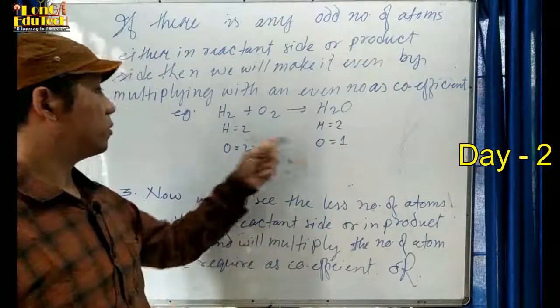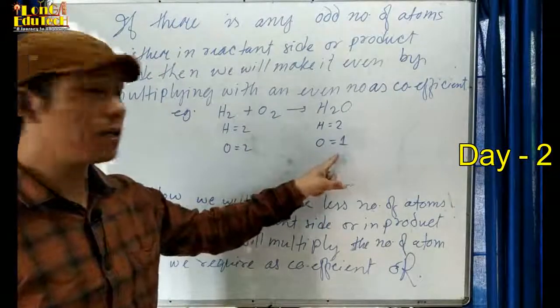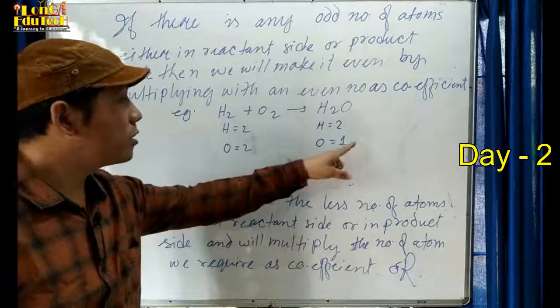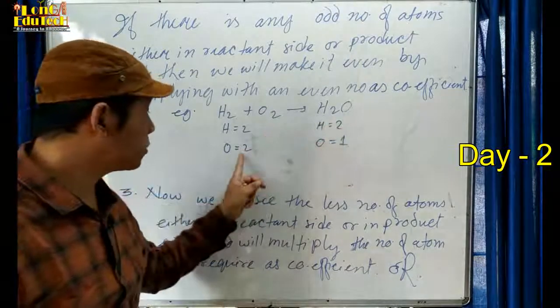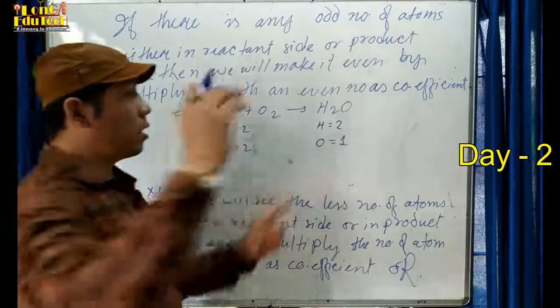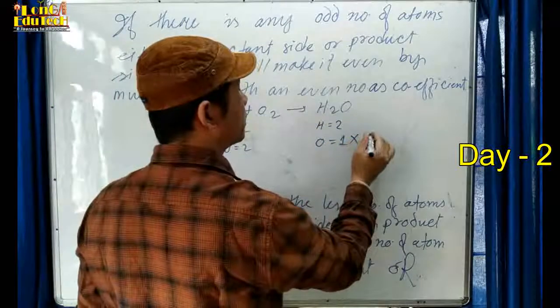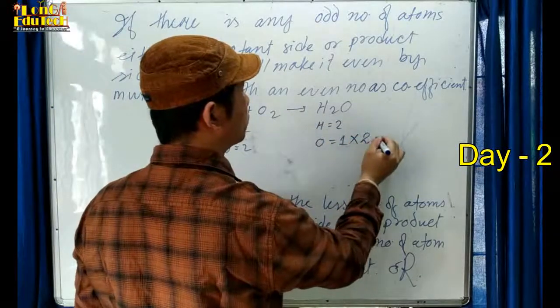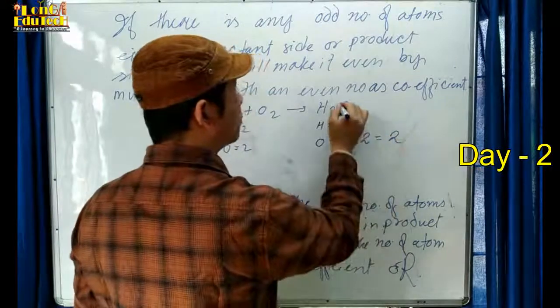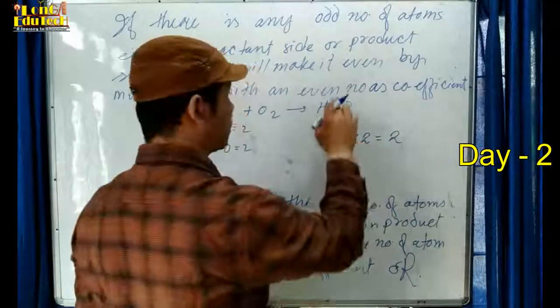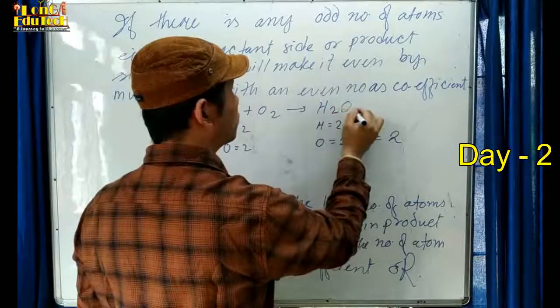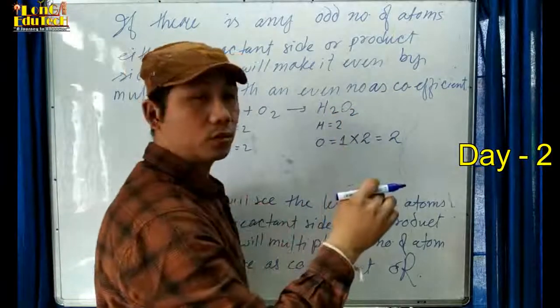Oxygen 2 and oxygen 1: that is the lesser number here. How much do we need? We need 2 to make it 2, because there is oxygen 2. So we will multiply here with 2, then 2 times 1 is 2. You cannot multiply here by 2. Keep in mind, you also cannot put H2O2 here.